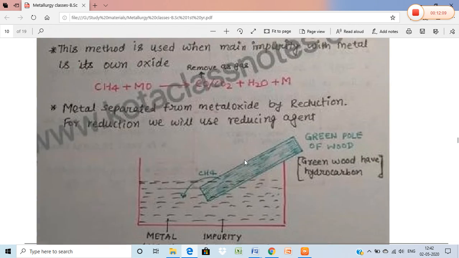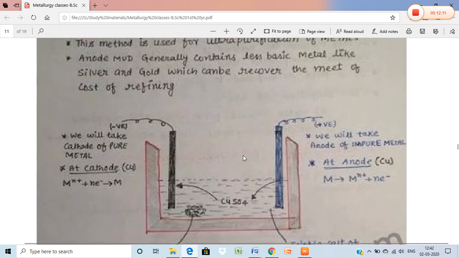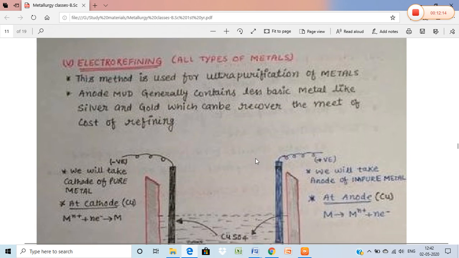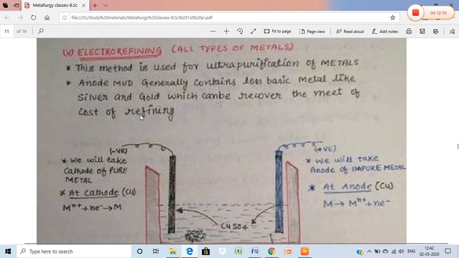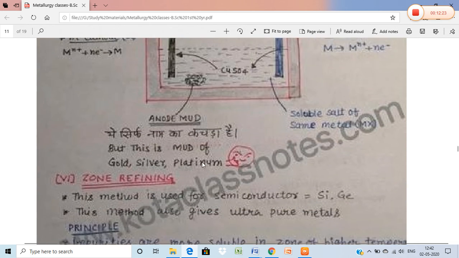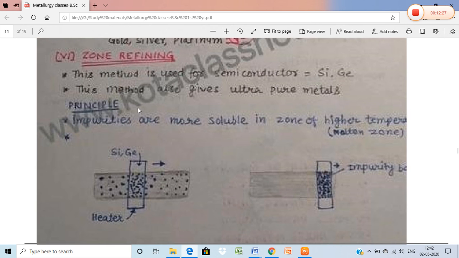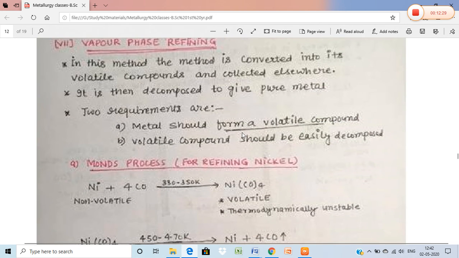Now this is poling, and this is electro refining. Here in the case of aluminium, we use the electro refining process to get pure aluminium. After that this is the zone refining process, and now this is the vapor phase refining.